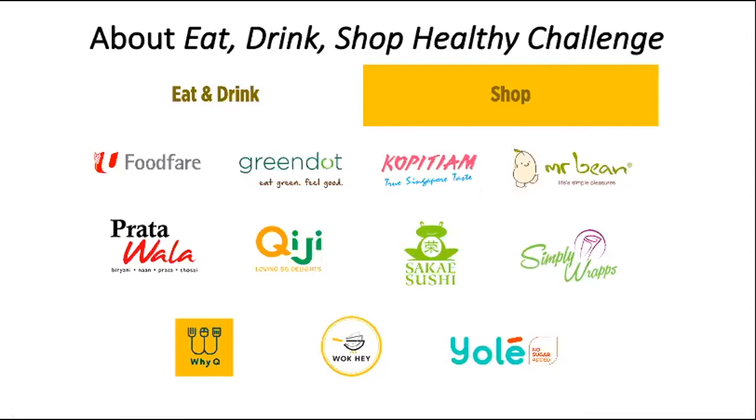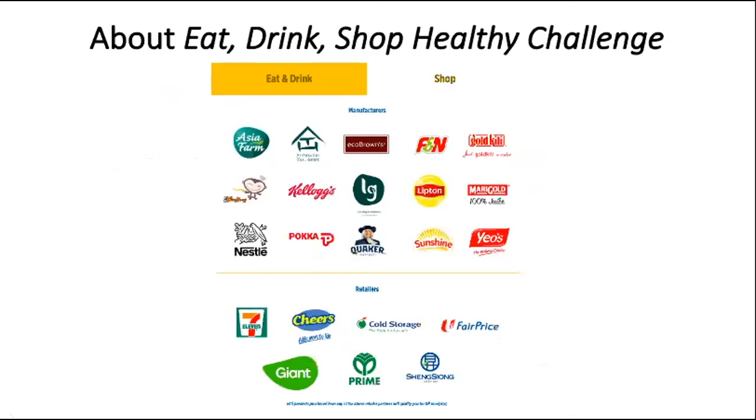It's not only places to eat, it's also places where you shop. I mentioned I went to FairPrice yesterday, but not only FairPrice; if you go to your 7-Eleven, your Giant, Cold Storage is also covered as well.